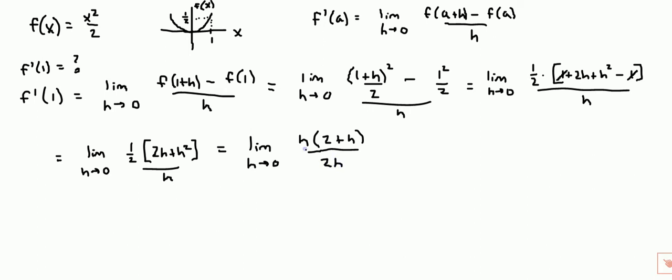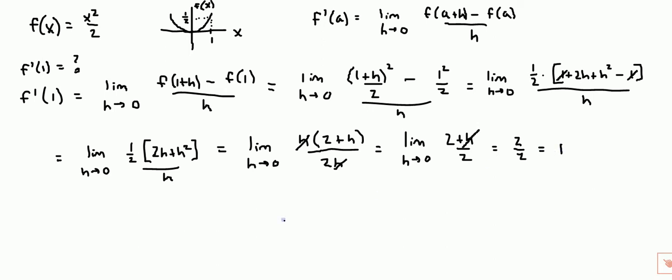Okay, so these h's cancel. So we're left with the limit as h approaches 0 of 2 plus h divided by 2. Okay, if h goes to 0, this term vanishes. So we're left with 2 over 2, or 1.